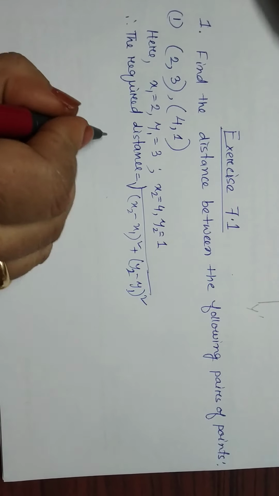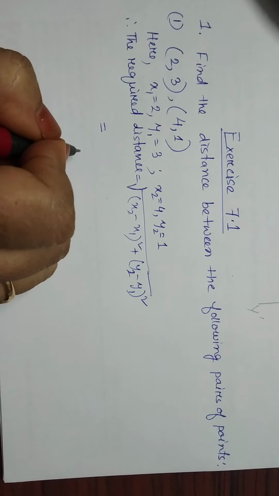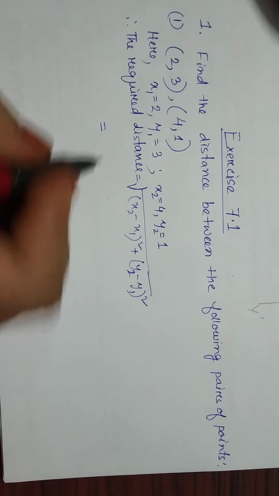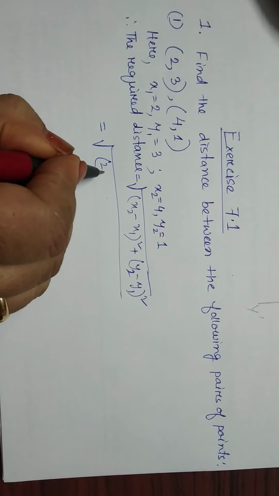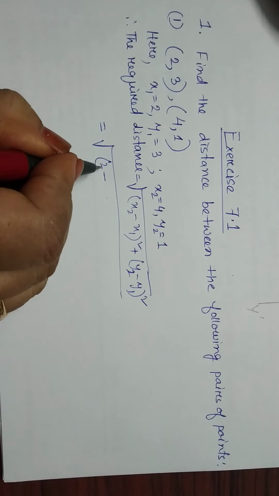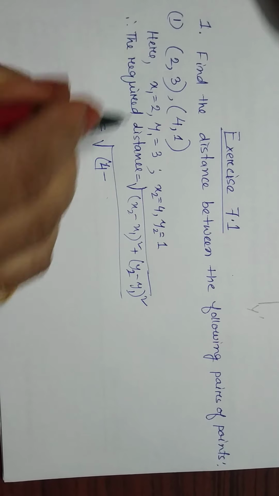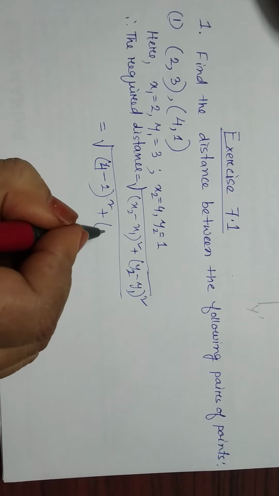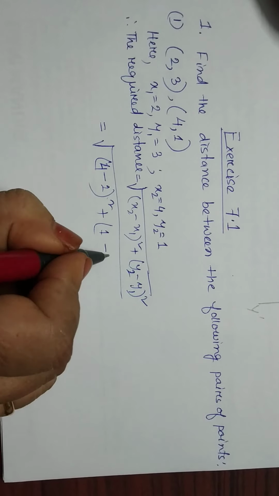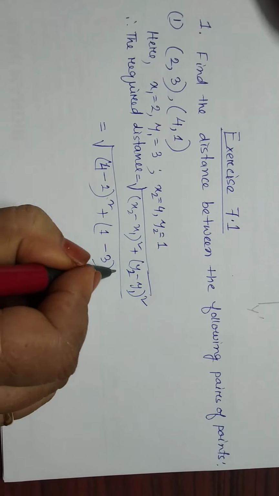In place of x1, x2, y1, y2, we have to put the values. Now x2 is 4, x1 is 2, so 4 minus 2 whole square, plus y2 is 1 minus y1 is 3 whole square.